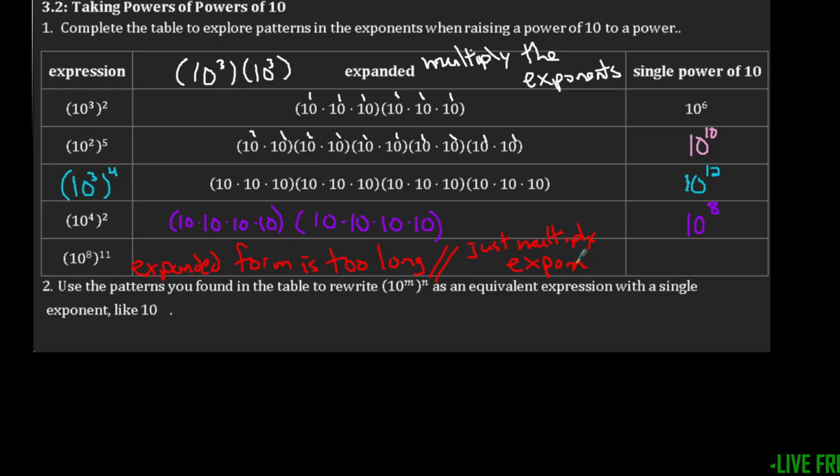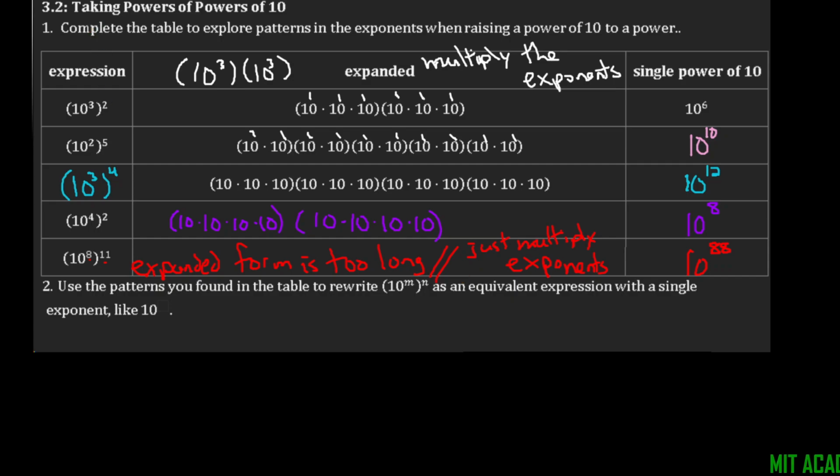Let's try that again. We're multiplying 8 times 11, so we're going to say 10 to the 88th power. There we go. That would have been way too many 10s to try to fit in that little box, so that's why I can skip that one.